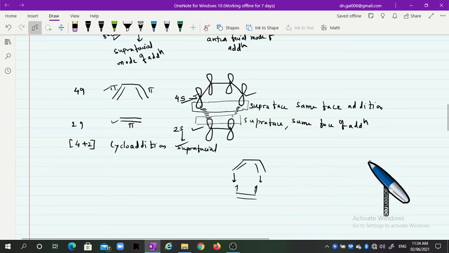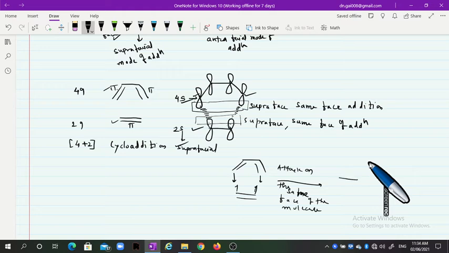What does it mean? It means the attack is on the same face of the molecule. Therefore we can write this product like that, and that is a 4s and 2s mode of addition.